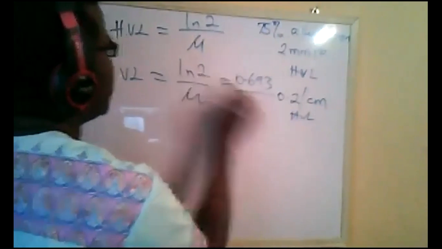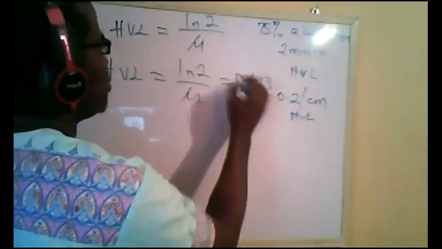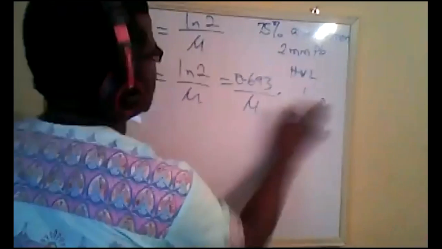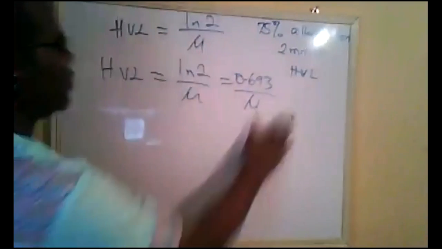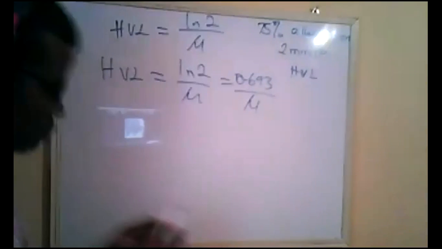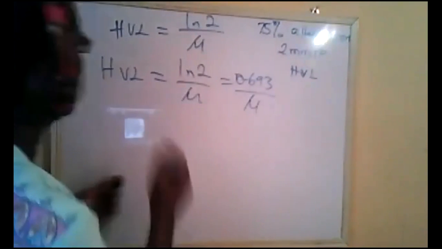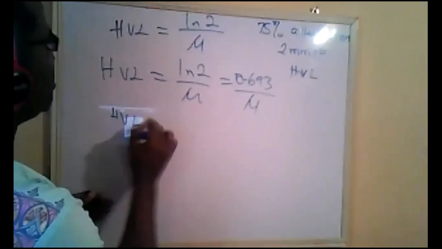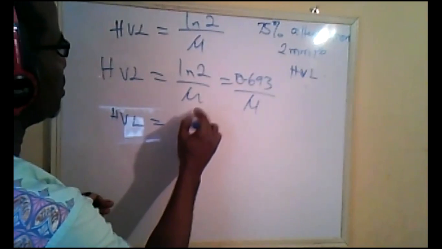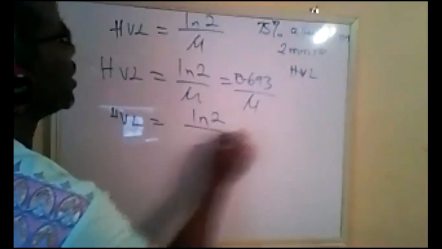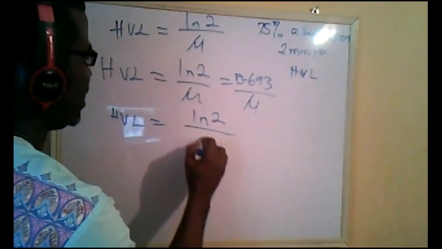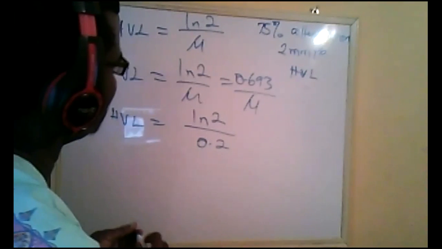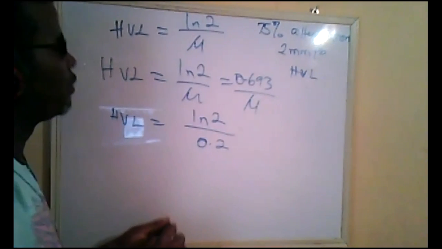If you find the natural logarithm of 2, you're going to have 0.693. So that is why at times you have this 0.693 stuff. It's just a direct calculation of the ln 2. So the HVL of the material will now be 0.693 over 0.2. I think they gave us the linear attenuation coefficient of 0.2. So 0.693 over 0.2 is the HVL of the material.